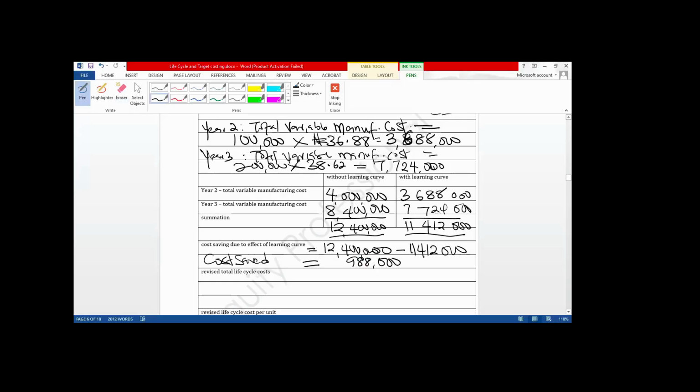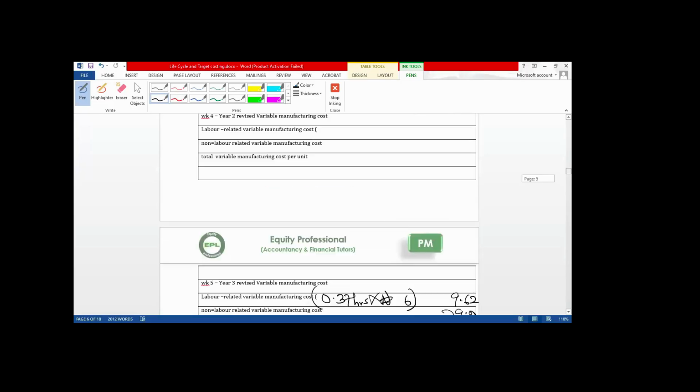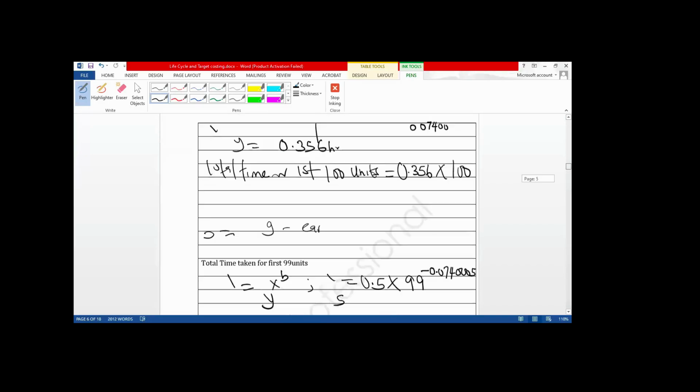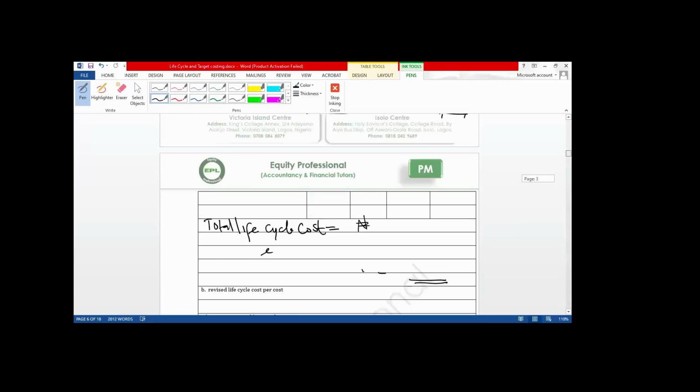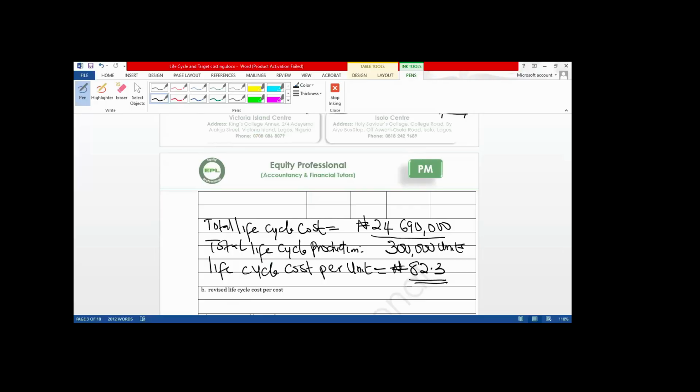That means our cost will reduce by 988,000. You can now calculate your revised total life cycle cost. If you look at your first calculation, the total life cycle cost was 24,960,000.